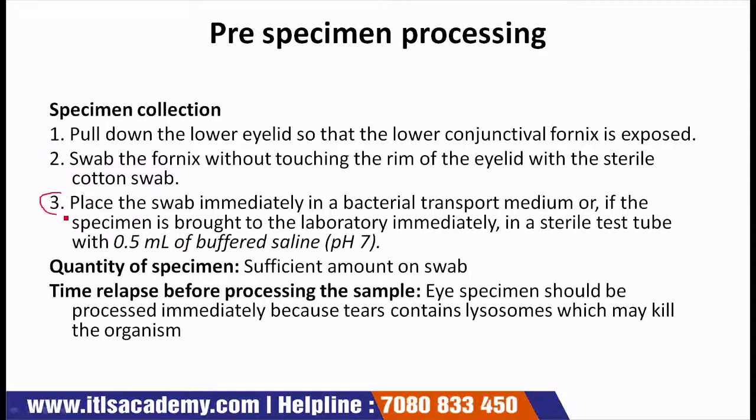Next point is, place the swab immediately in a bacterial transport medium, or if the specimen is brought to the laboratory, immediately in a sterile test tube with 0.5 milliliter of buffered saline at the pH of 7.